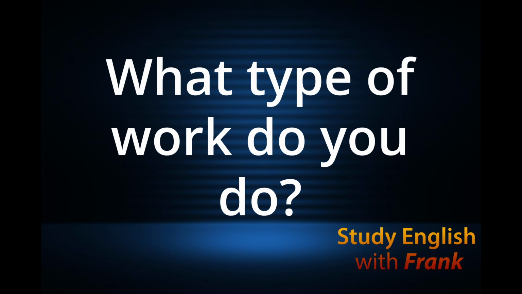That's a little more specific, isn't it? What do you do could be talking about other things that you like to do after work, right? So to be a little more precise, it's better to say, what type of work do you do? Rather than just say, what do you do?